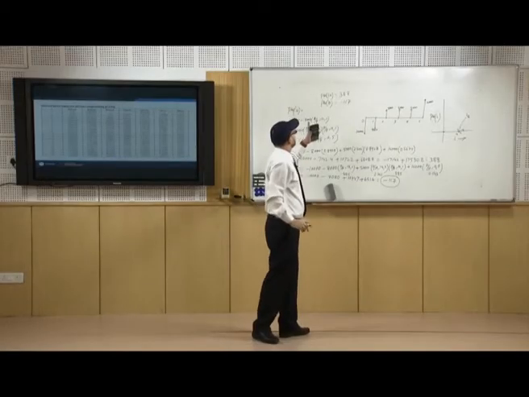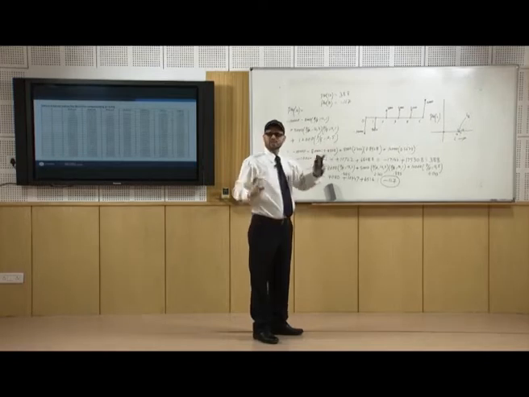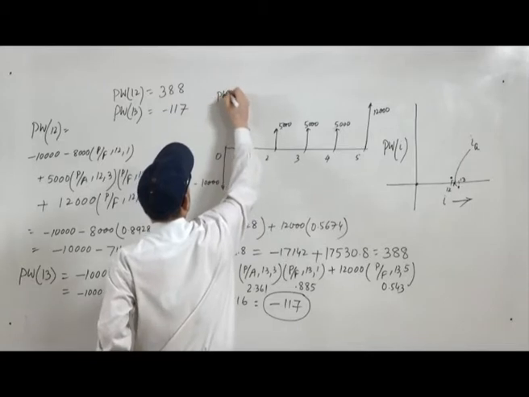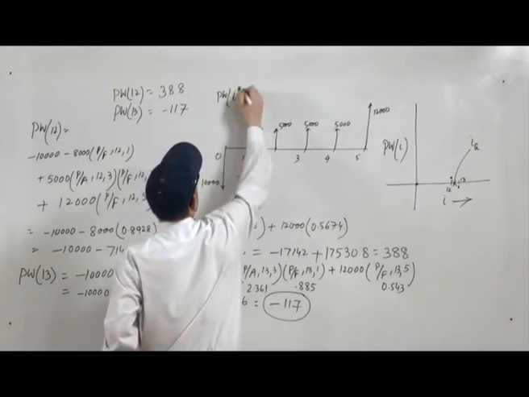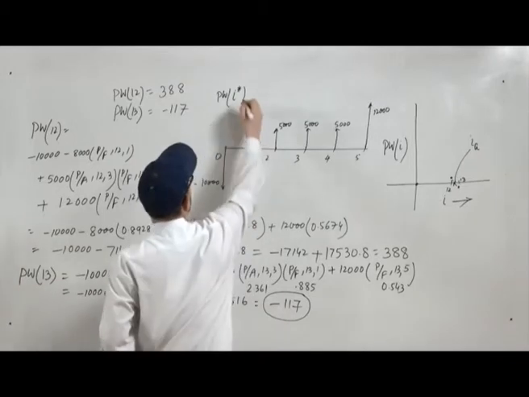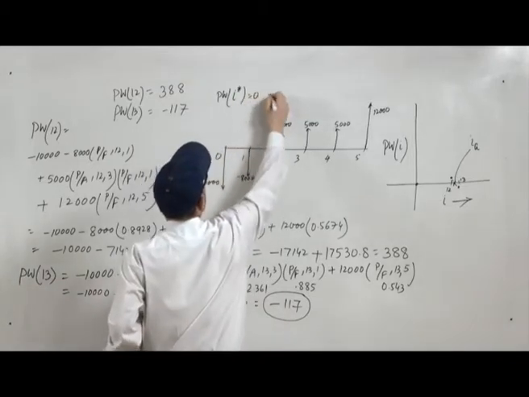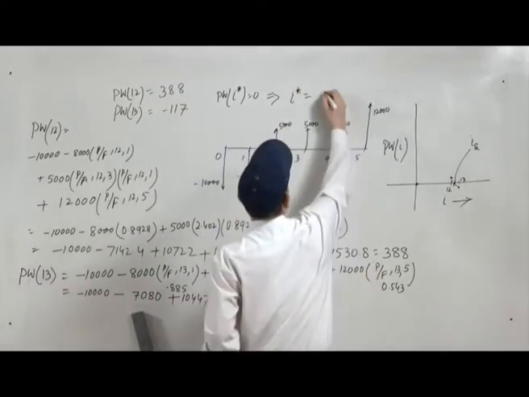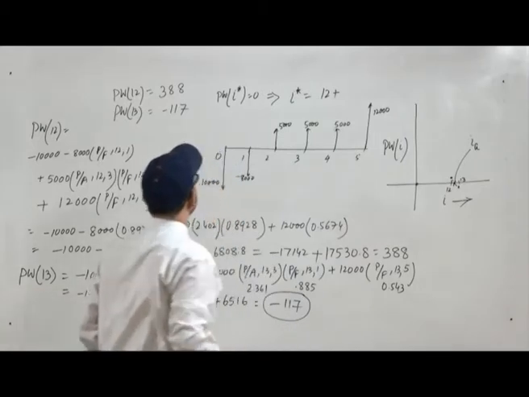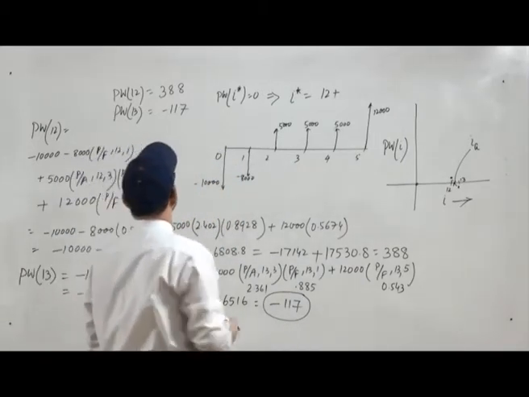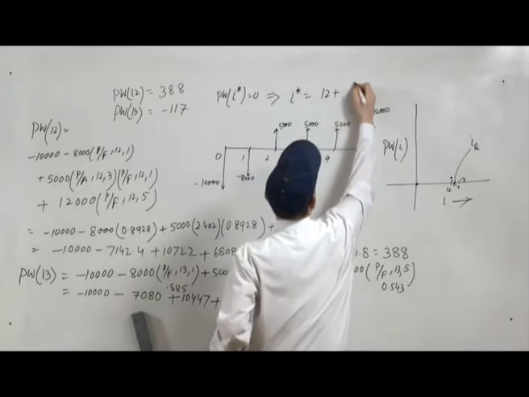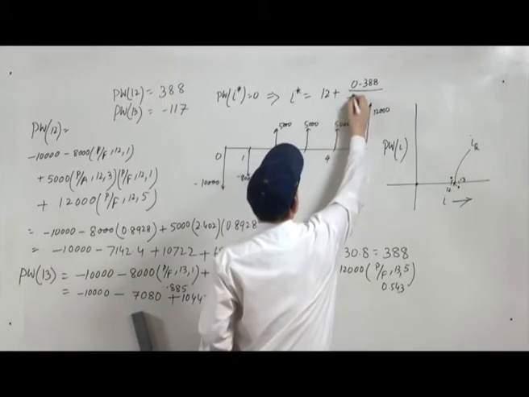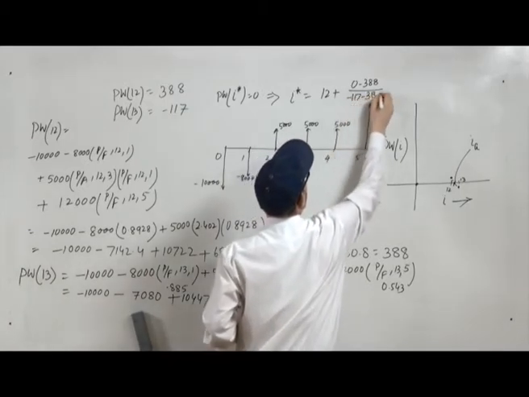So, the interest at which it will be 0, PW I star where it is 0, will be I star equal to 12 plus 0 minus 388 by minus 117 minus 388.